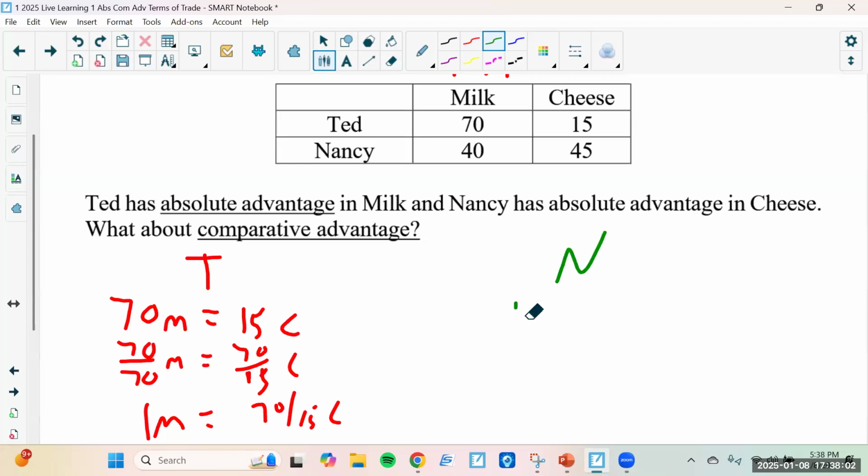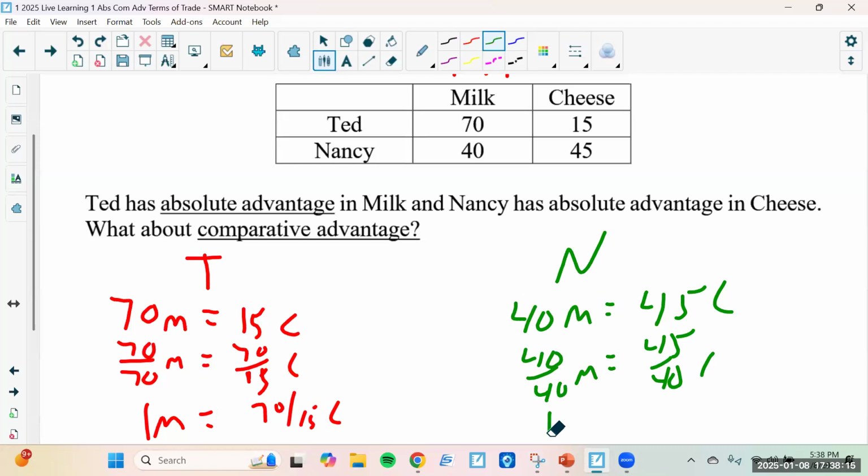So with Nancy, we say that 40 milk is equal to 45 cheese. How do we get 1 milk? We divide each side by 40. 40 over 40 milk is equal to 45 over 40 cheese. So for every 1 milk she produces, she gives up more than 1 cheese. I still did this thing wrong.